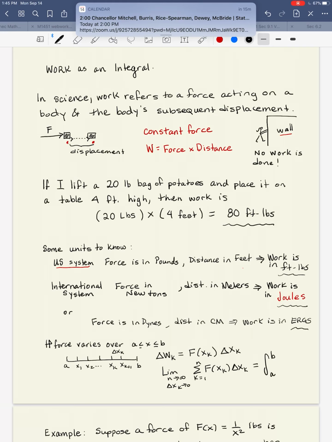From a to b, the force now is a function of x, and the delta x_k becomes our increment in x. So we cut our interval up into tiny pieces, add up the force as constants on the tiny pieces, and then we can get a definite integral that computes the work done. So work is the integral of the force integrated with respect to x.